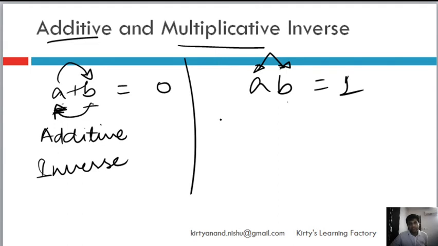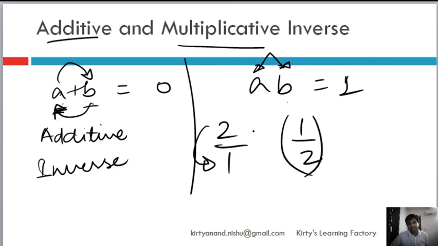So if I have a number 2, simply express it as a rational number first and then invert the number. So bring the denominator to numerator and vice versa. 1 by 2 is the multiplicative inverse of 2. If the number is 3 by 4, then 4 by 3 is the multiplicative inverse of 3 by 4 and vice versa.